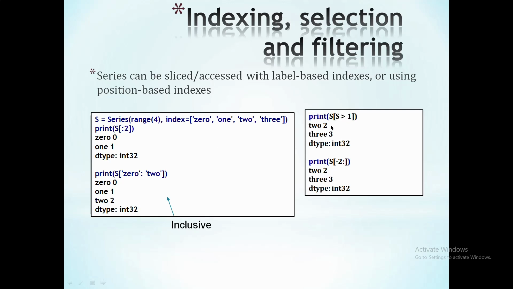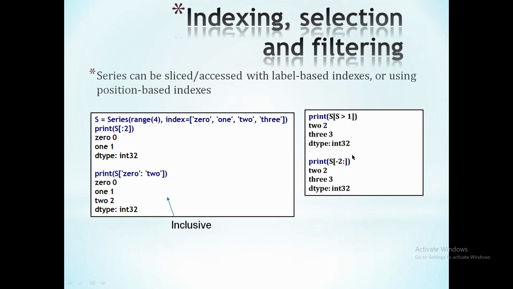Then I am applying relational operators, checking whether the values are greater than 1 and printing them. Using the greater than 1 condition, I get the values 2 and 3 only.